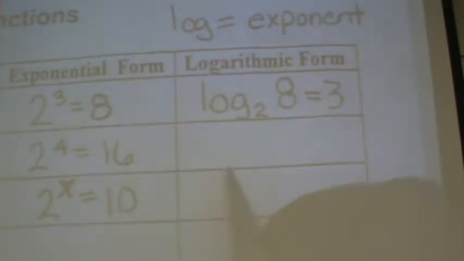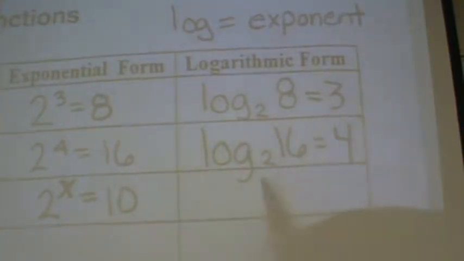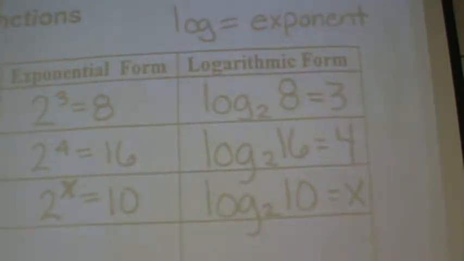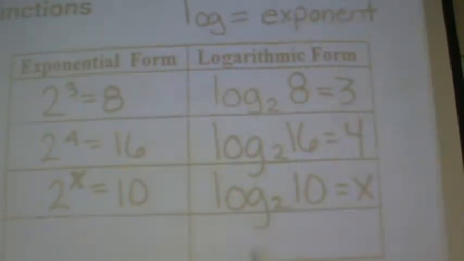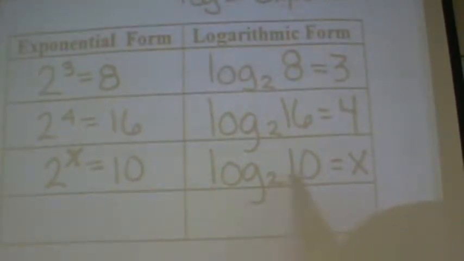How do you do the next one? You're going to write the log of 16 base 2 is 4. And this next one, the log of 10 base 2 is something. Now, we learned last year, when you have two numbers here, we use this change of base formula.